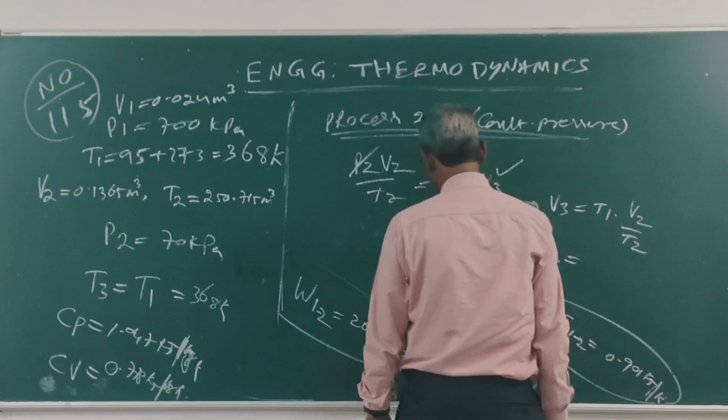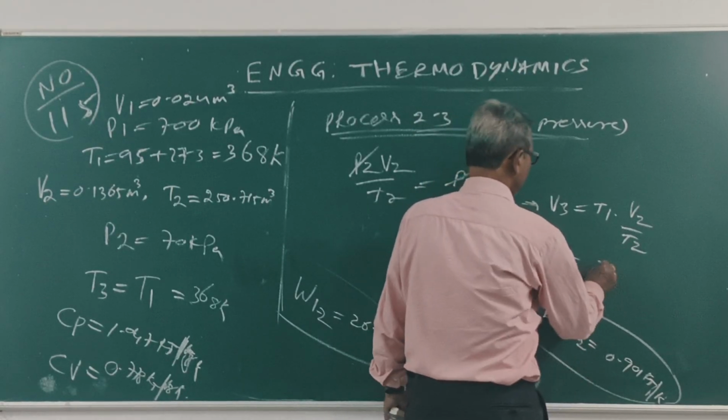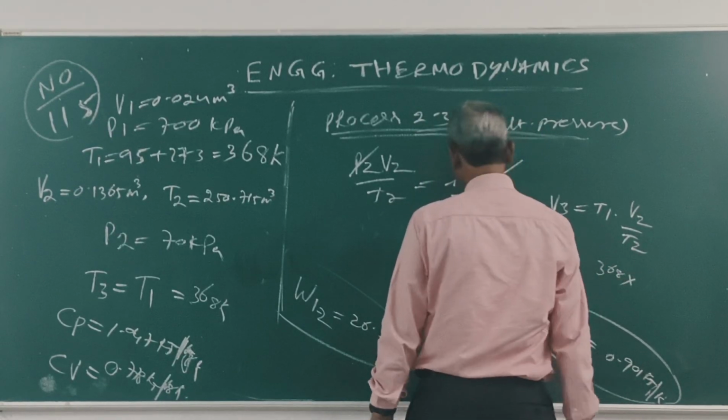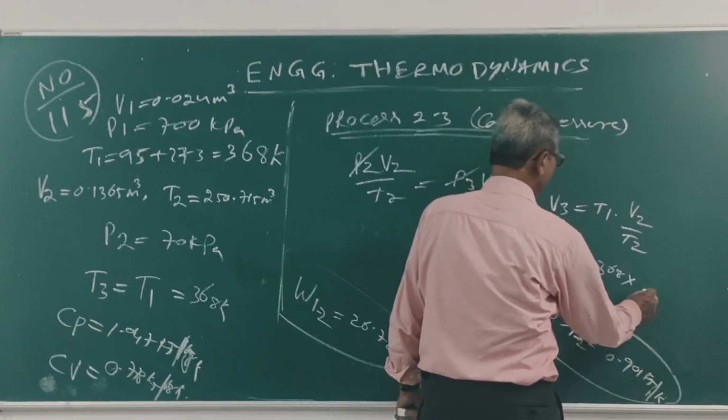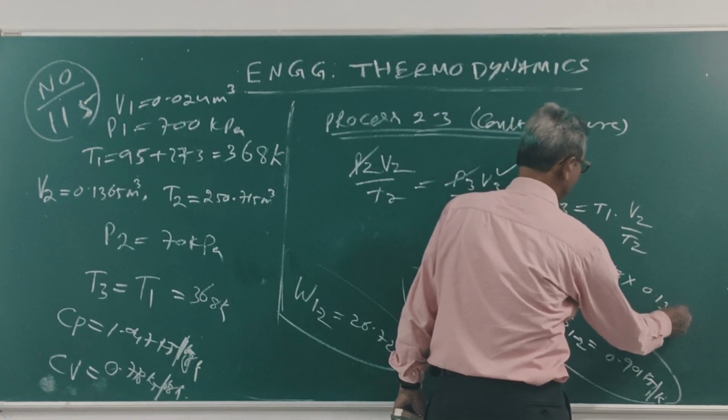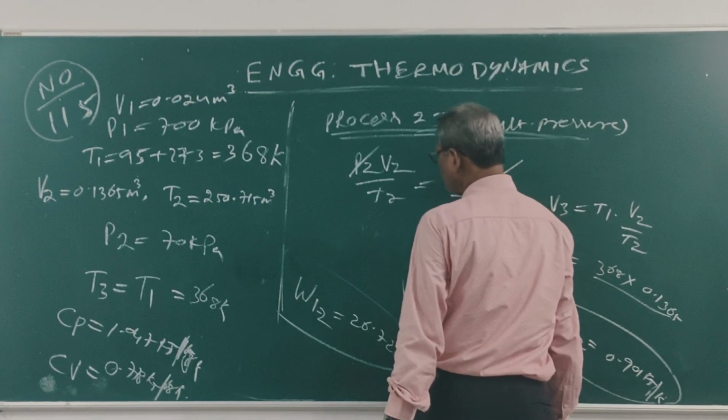So V3: what is T1? 368 into V2, 0.1365, by T2.